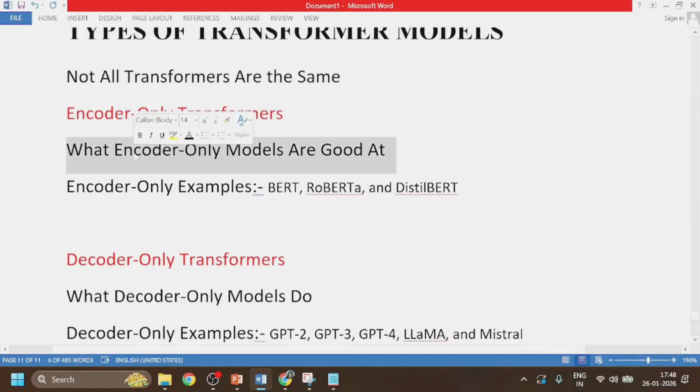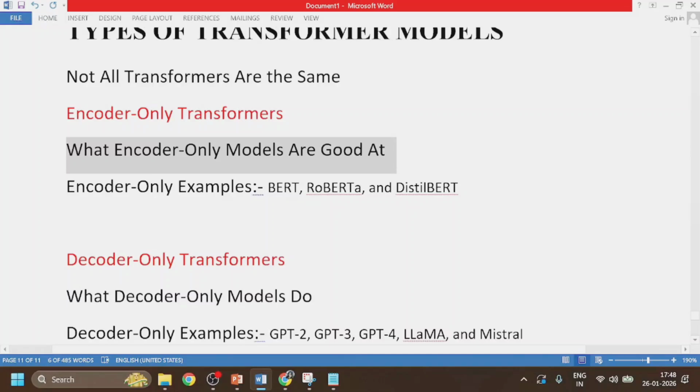Okay, so here is what encoder only models are good at. They are excellent at tasks like text classification, semantic search and embedding. They process the entire input at once and produce rich contextual representations.